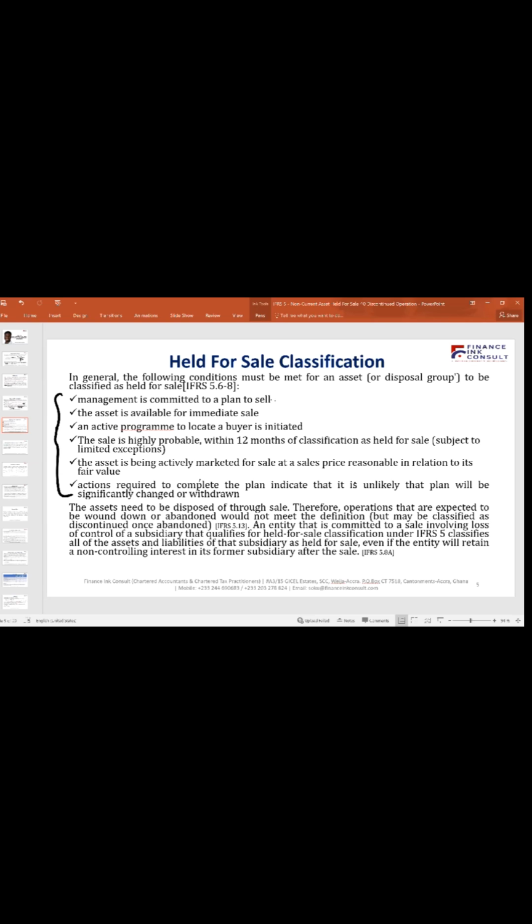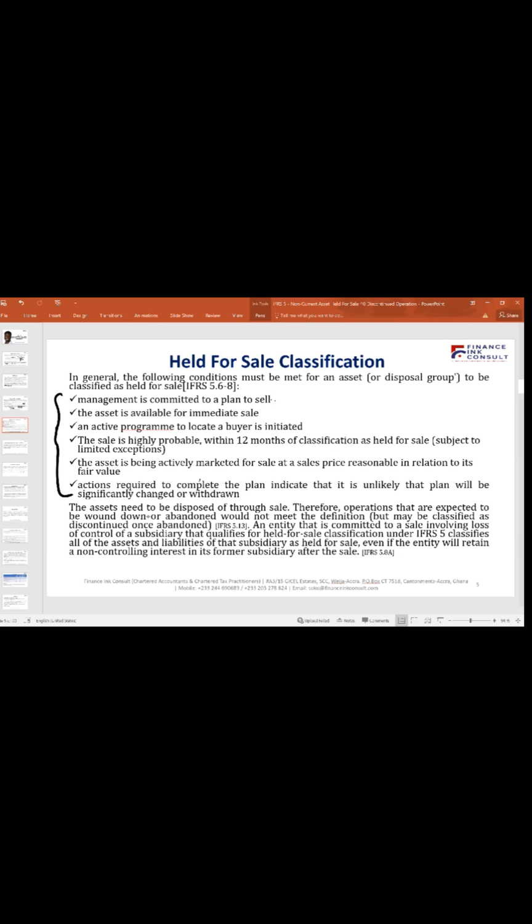Sometimes in order to discourage people from coming to buy the assets, if the fair value of the asset is 5,000, they can say, oh, we are selling it for 200,000. So indirectly, management is not saying we will not sell it, but they are not selling it. They will not use their mouth to tell you that we will not sell it. But by the price that they are quoting, they are just discouraging people from coming to buy.